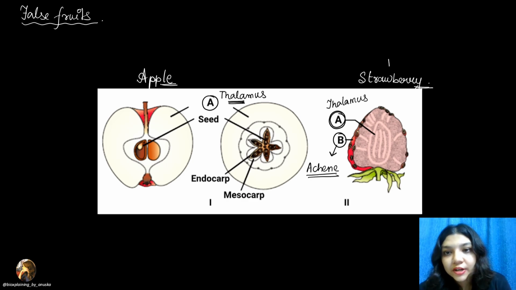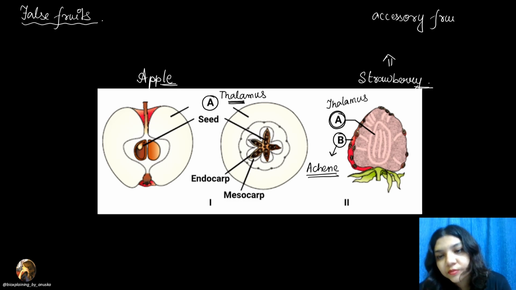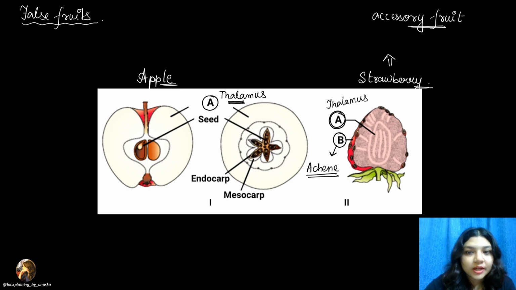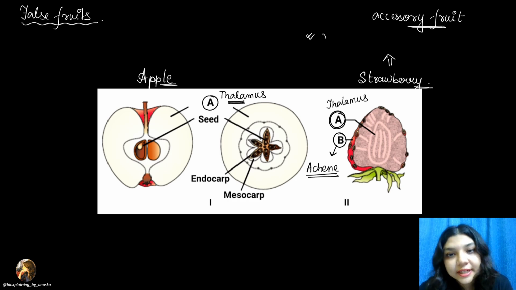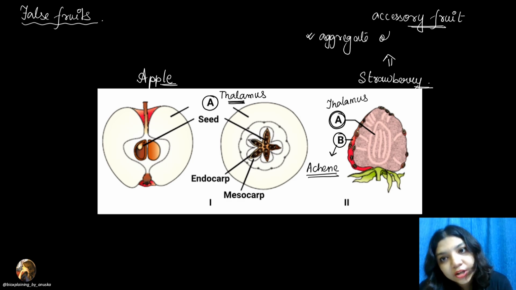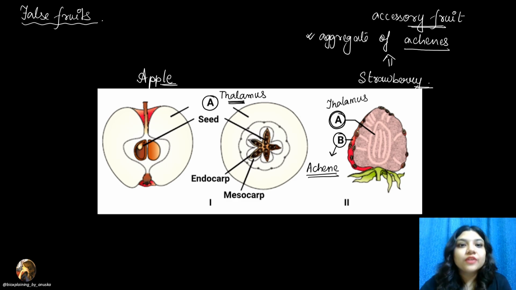We say that strawberry क्या है? Strawberry है accessory fruit. ठीक है? Strawberry को accessory fruit या false fruit कहा जाता है. That means what is it? It is nothing but an aggregate of achenes.